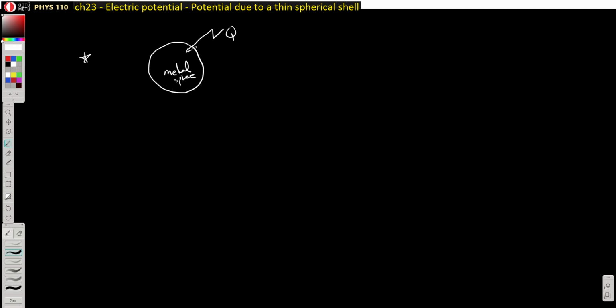In any case, the charge will be distributed over the surface, and because of that, the electric field inside the conductor is 0. It has to be 0. And so therefore the potential is constant on a conductor. Again, this is in static equilibrium, meaning that there are no currents.